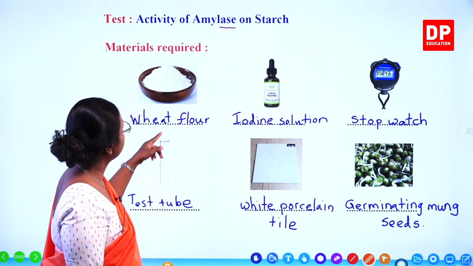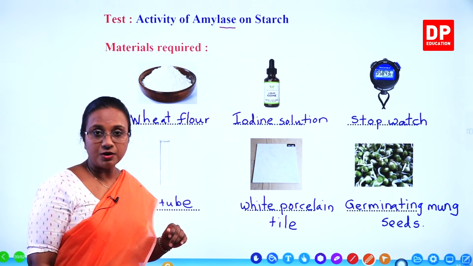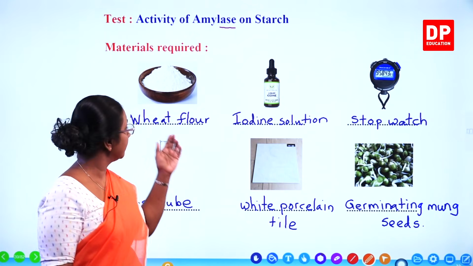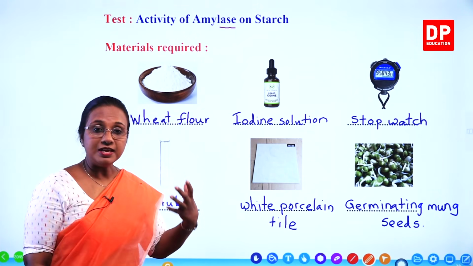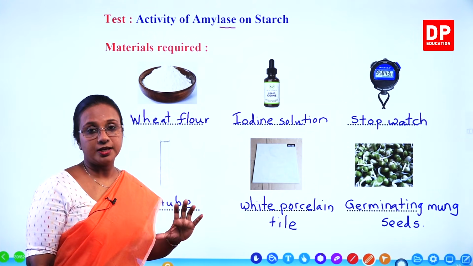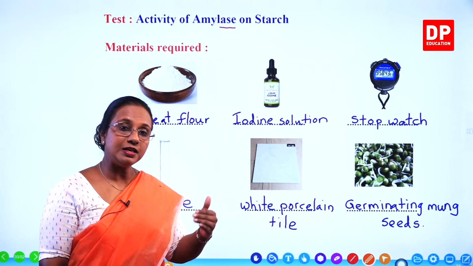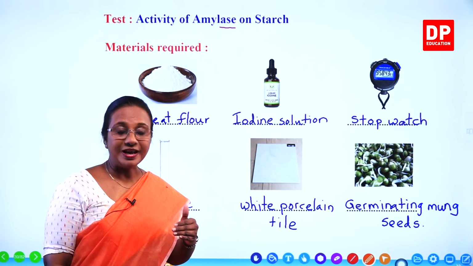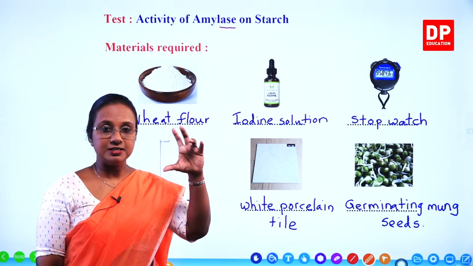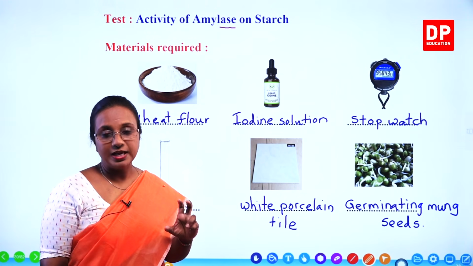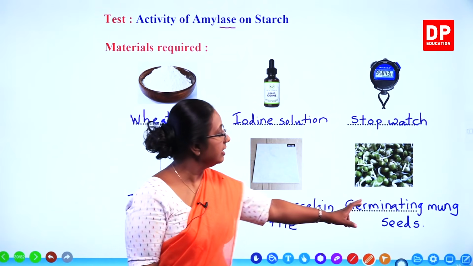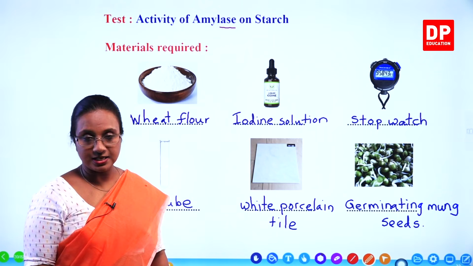At the same time, we take a small amount of wheat flour and dissolve it in water. But for this activity, since we are going to repeat it for a period of 20 minutes, we will need a certain amount of wheat flour solution and germinating mung seed solution.